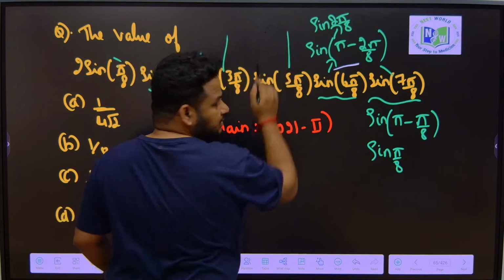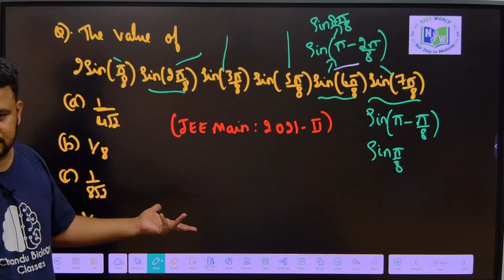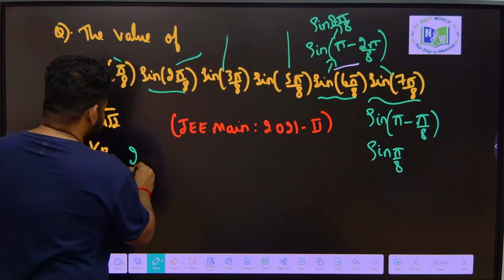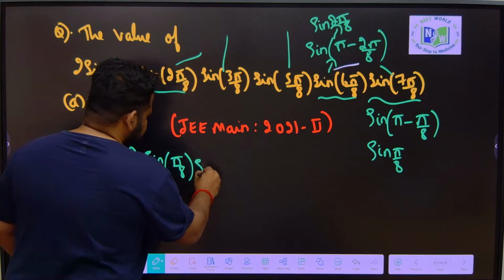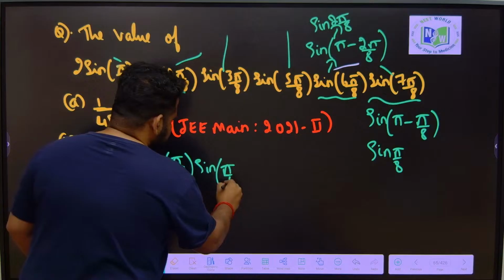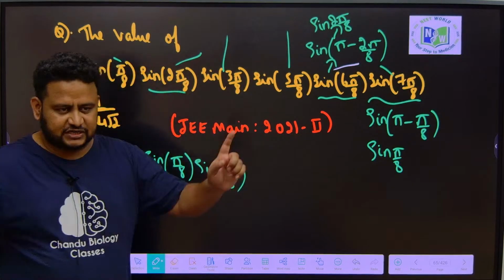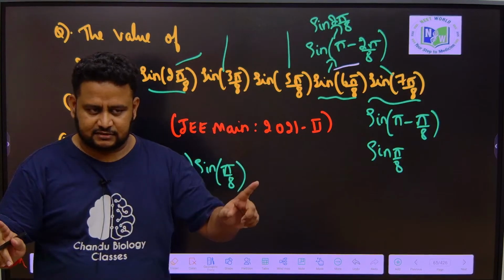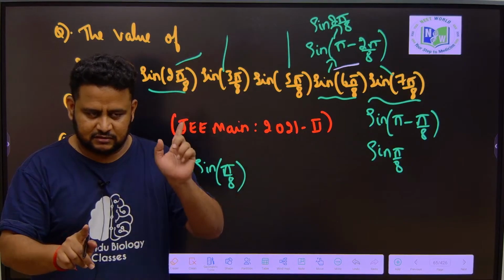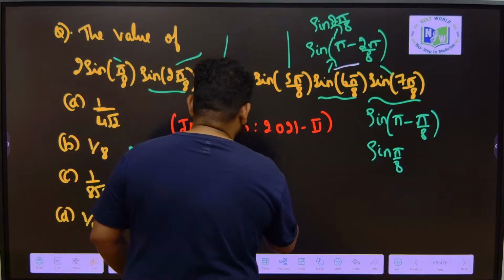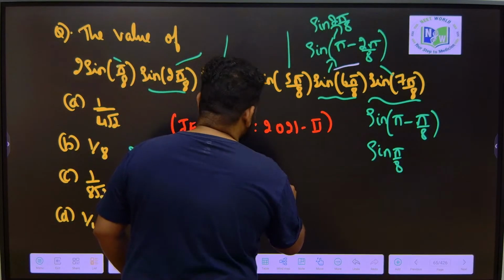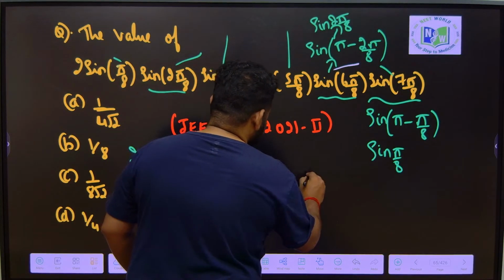This and this one, I can pair. If I pair, what I will get is 2 sin pi by 8 into sin pi by 8. I am writing together. Similarly, first and last, second and second last, third and third last. That's it, I am pairing it. So this will be sin 2 pi by 8 into sin 2 pi by 8.